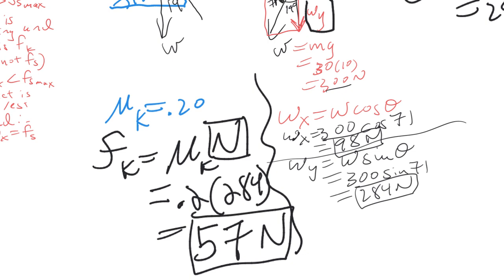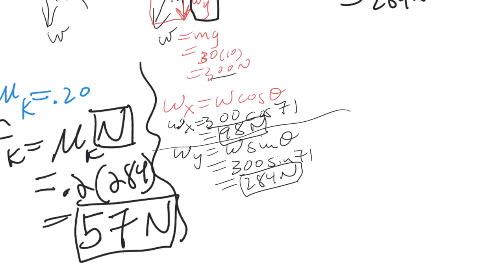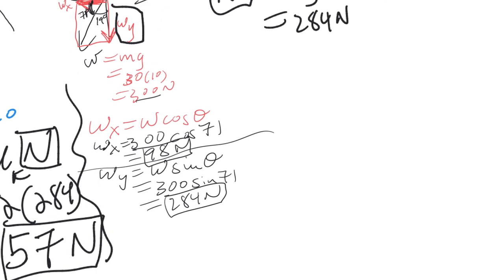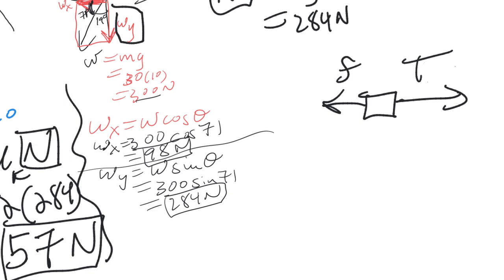So calculate the net force on this block right here. So looking at your free body diagram, we got the block, we got the tension going this way. We got the friction going that way, but don't forget that you also have the x component of the weight going to the left as well.